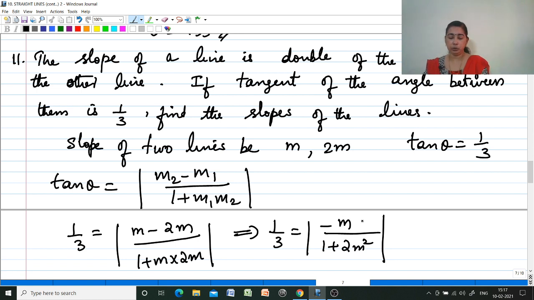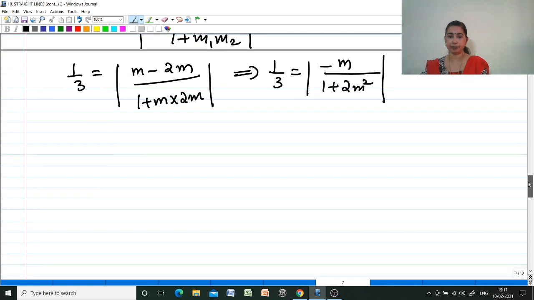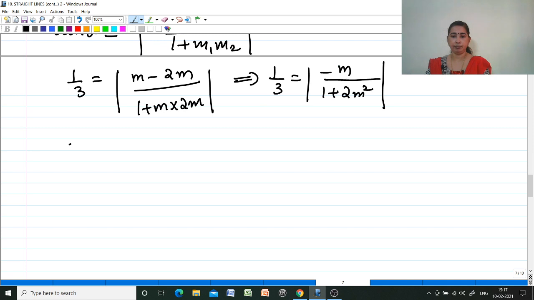Now removing the modulus sign, the 1 by 3 becomes plus or minus. So minus m by 1 plus 2m square is equal to plus or minus 1 by 3.